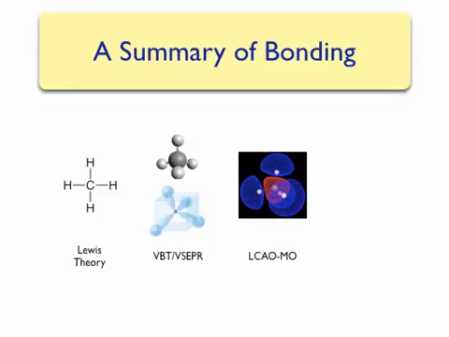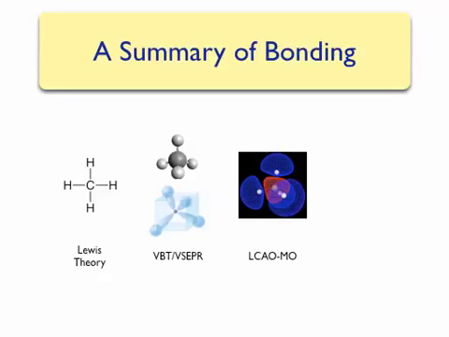Next, we described molecular orbital theory, which gives us unique molecular orbitals for our molecules. Although we only describe diatomic molecules, we can extend MO theory to describe larger molecules like methane. Pictured is an antibonding orbital for methane.